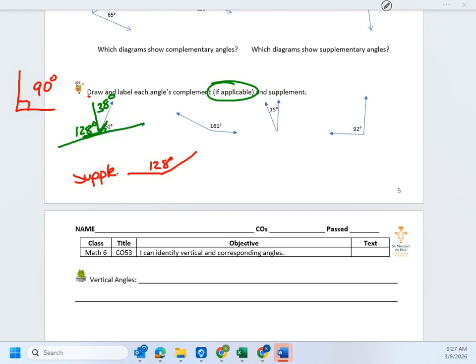You have to know 128 is obtuse, it's big. Okay, so you have to show that. So draw an angle that would be close to it. We're not taking the time to measure it. We're just showing that we know the difference between the obtuse and the acute angles, and we can correctly put in what the complement and supplement would be.